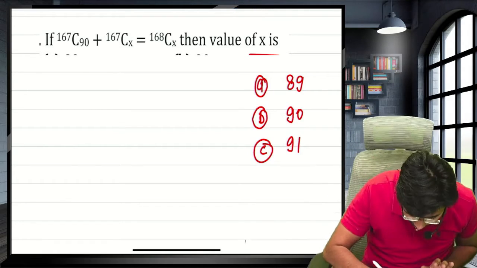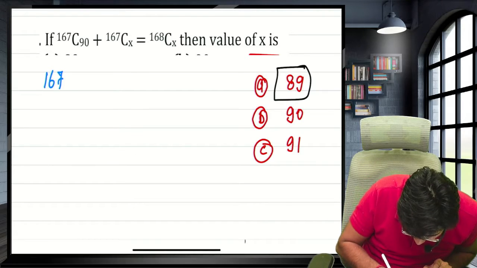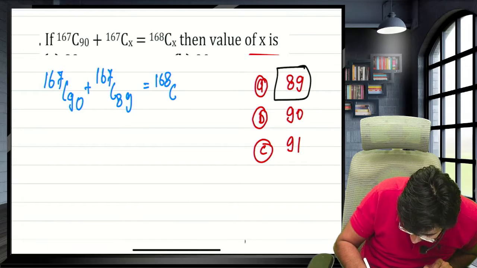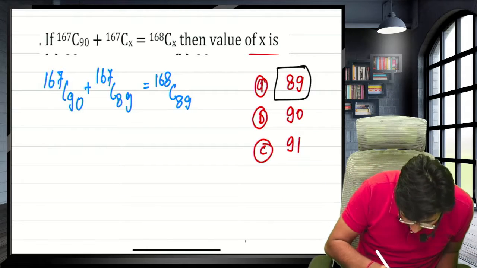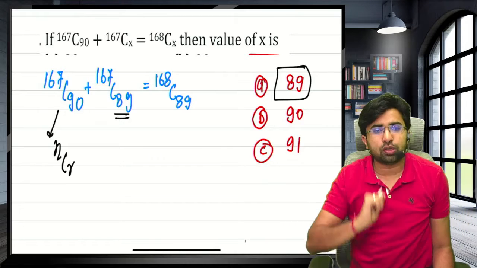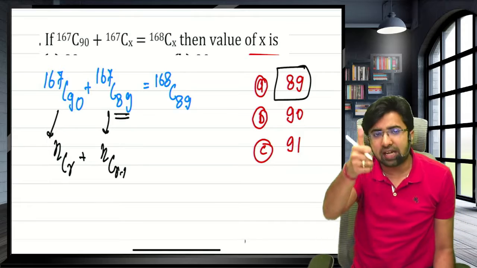For example, if I consider option A, 89, now put 89: 167C90 plus 167C89 is equal to 168C89. You are saying, Aman sir, see, this is nCr, great. Here r is reduced by 1, this is plus nCr minus 1, great.